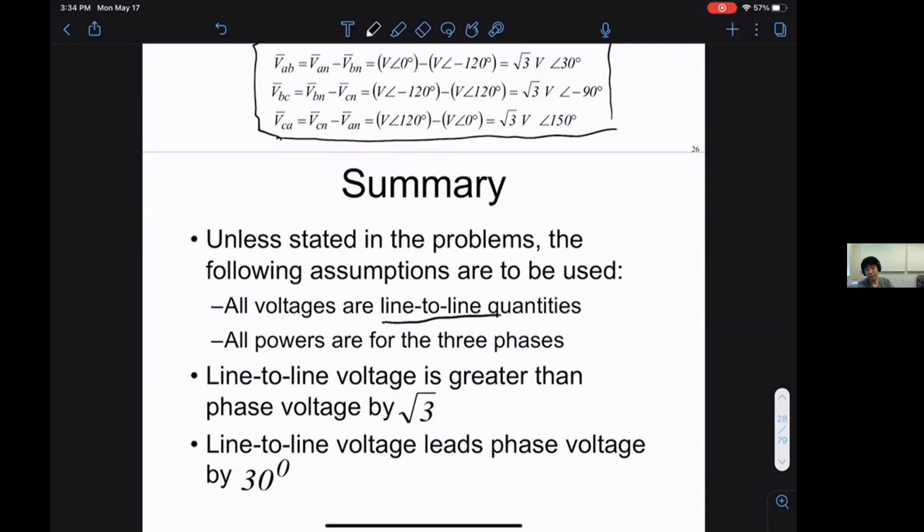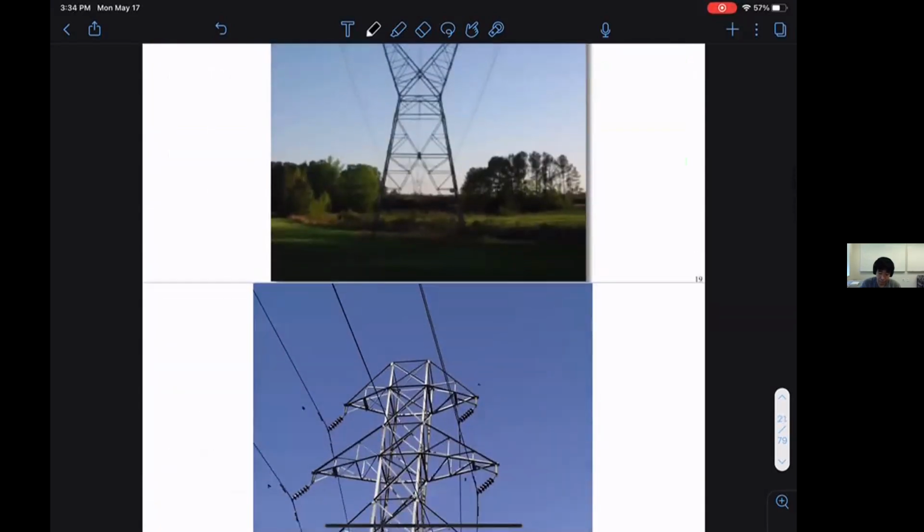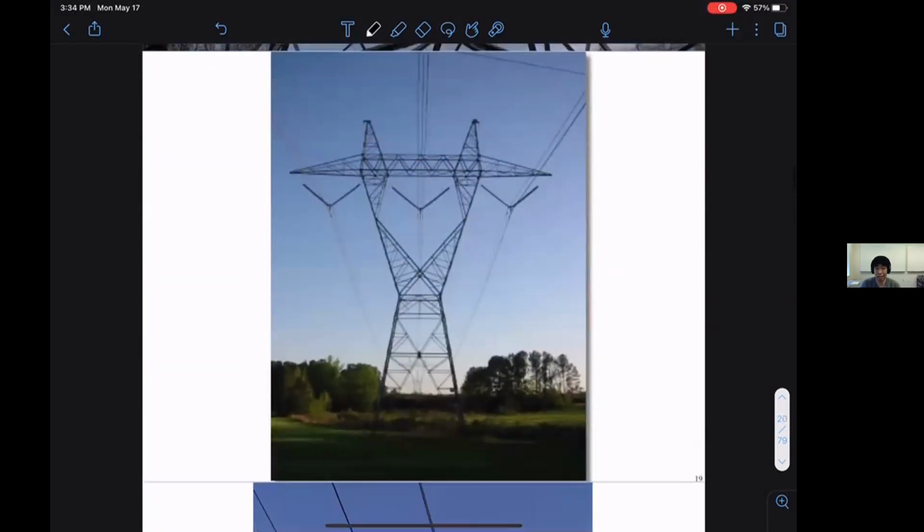So the reason we say line-to-line is that it's the thing you can measure, because the neutral is in some sense in the generator. If you look at a picture of the line, the only thing you can measure is the line-to-line voltage. You have access to two lines, and you can measure the voltage between them.